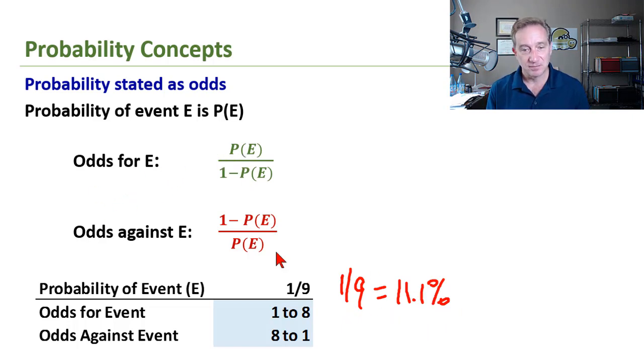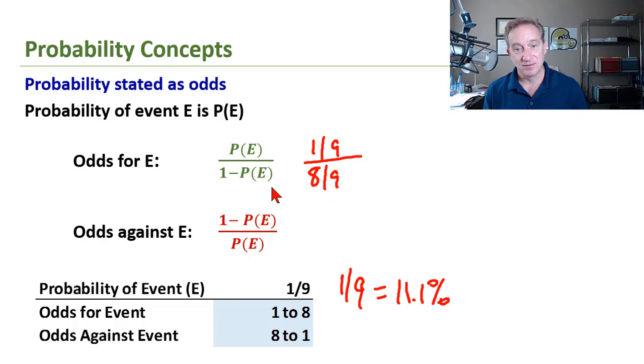We would say the probability of the event, 1/9, divided by 1 minus the probability of the event, which is 8/9. And so the odds of the event are 1 to 8. And the odds against would be 8/9 divided by 1/9, or 8 to 1.